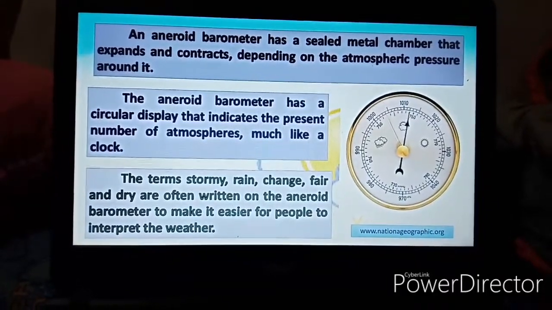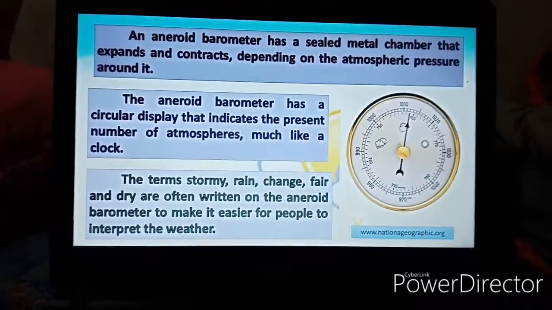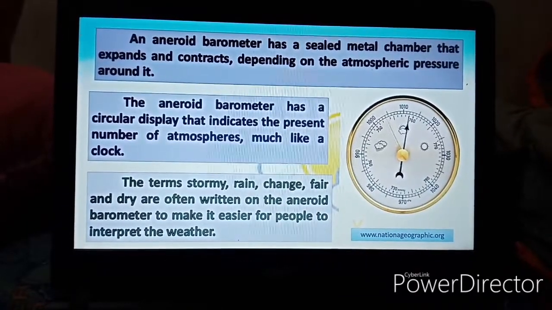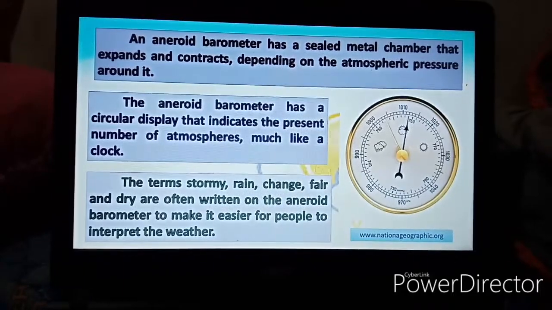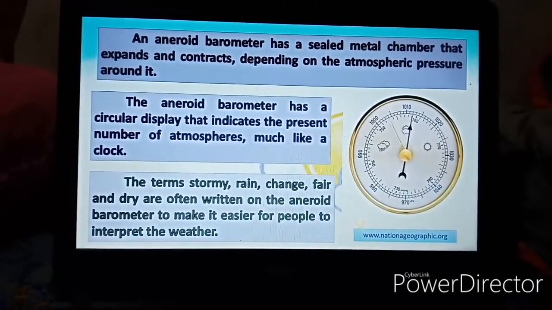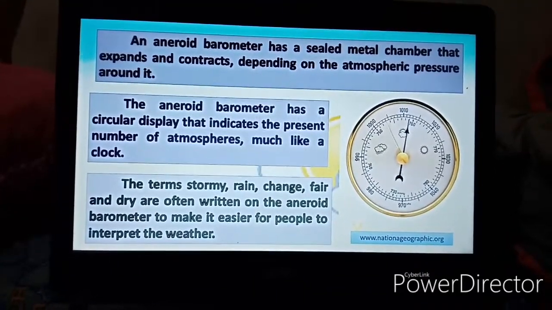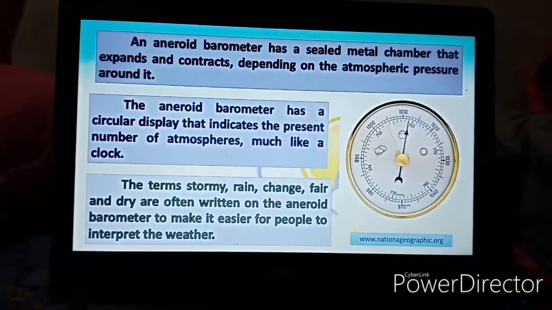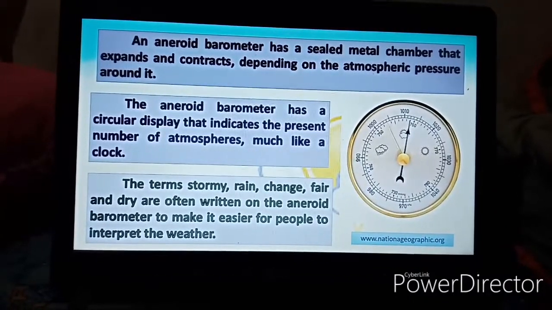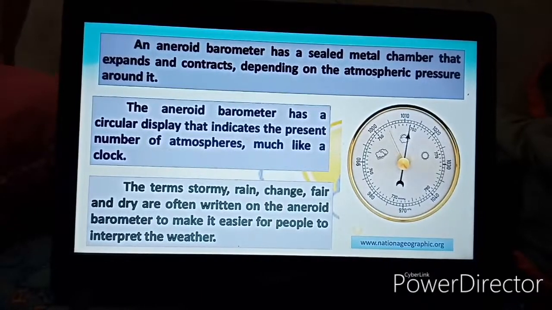The terms stormy, rain, fair, and dry are often written on the aneroid to make it easier for people to interpret the weather. So as you can see, the aneroid barometer is like a compass, but instead of direction, it portrays the weather and the amount of pressure present in a particular area.